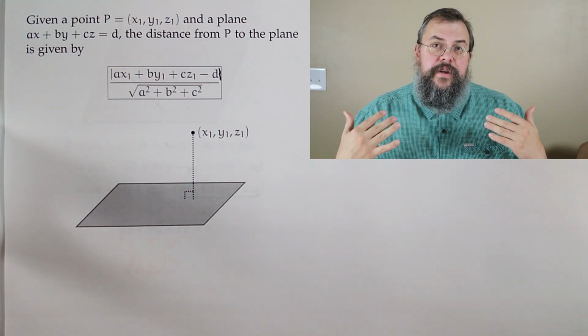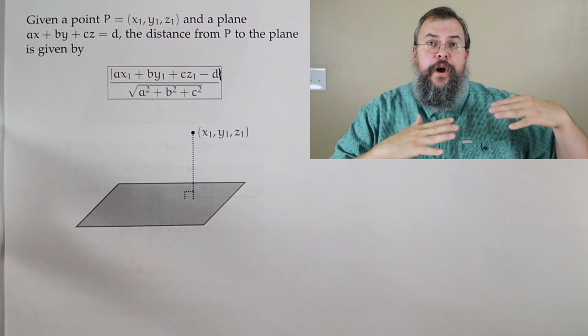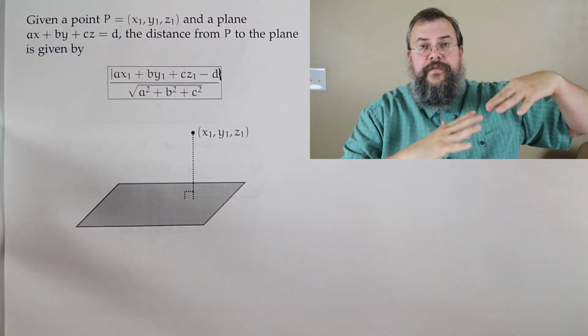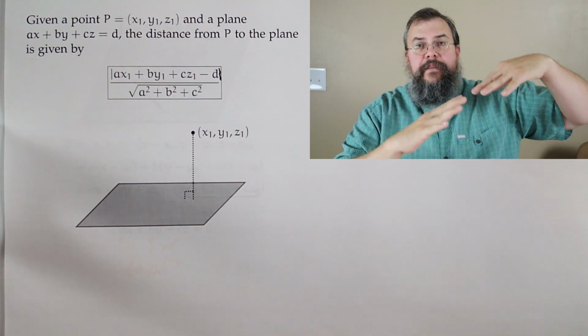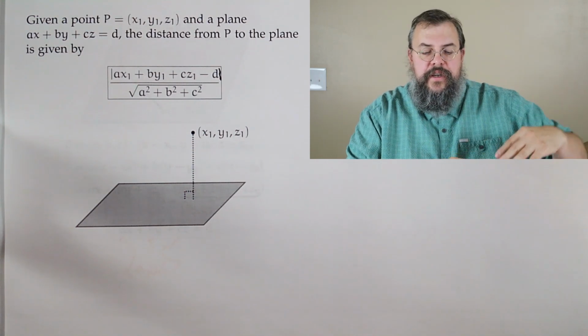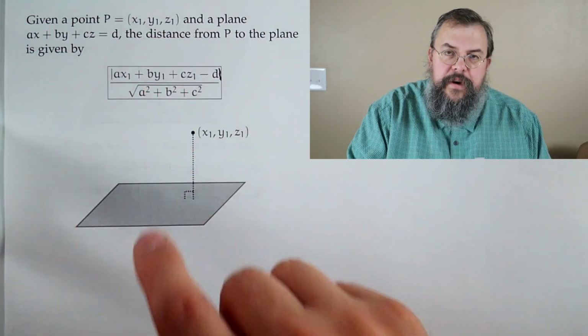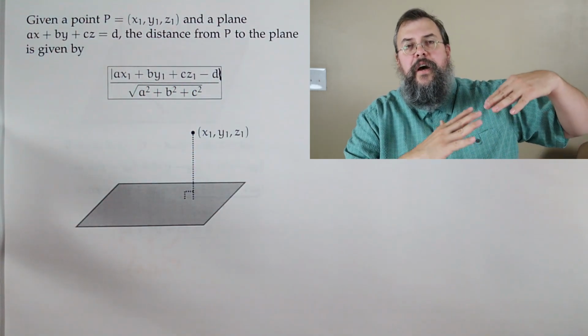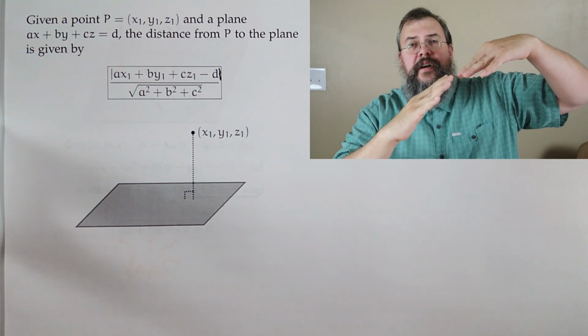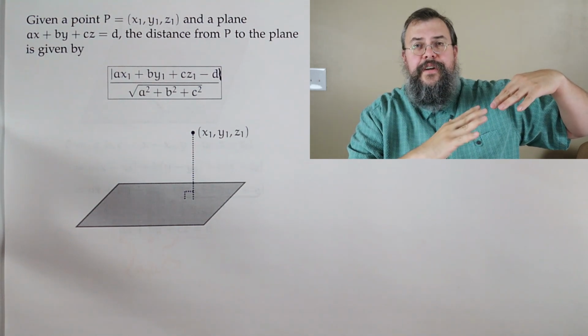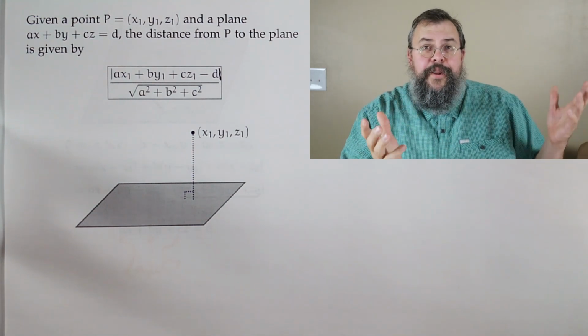So in some sense, what you can almost think of happening here, we talked about as you change the value for d, you're moving the plane back and forth in the normal direction. So what's happening is you have this ax1 plus by1 plus cz1. It's sort of saying, okay, this is how much we think we should shift along. The d is how much we actually shifted along. Now, why the other term?